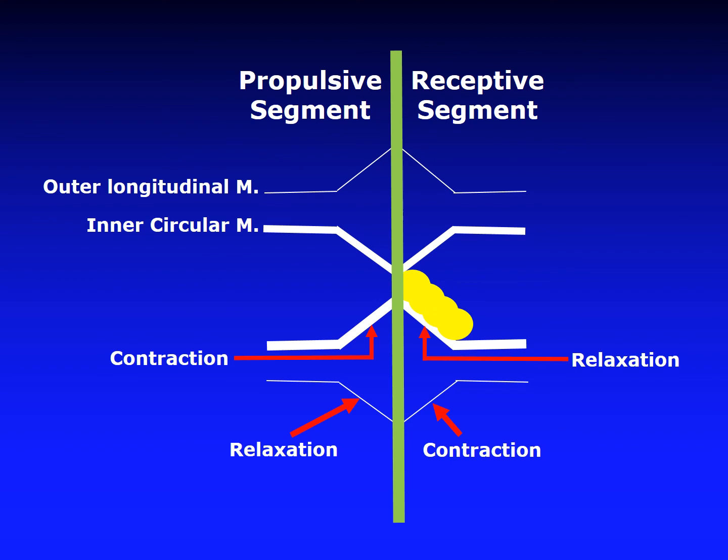I also talked about the requirements for contraction. We have to have two important elements. We have to have an action potential from an enteric neuron, and we have to have a slow wave coming from the interstitial cell of Cajal, especially a plateau phase.